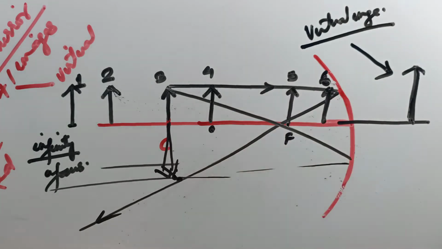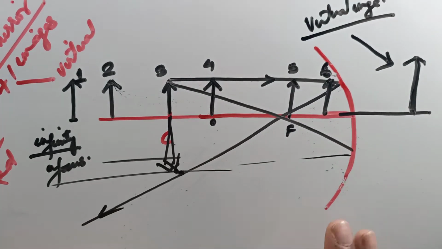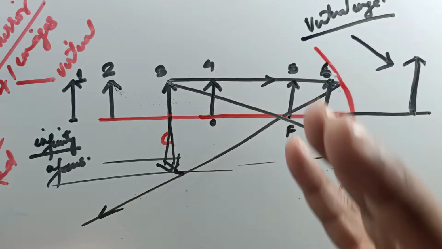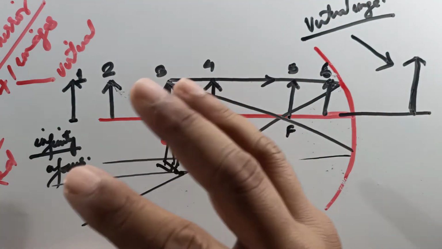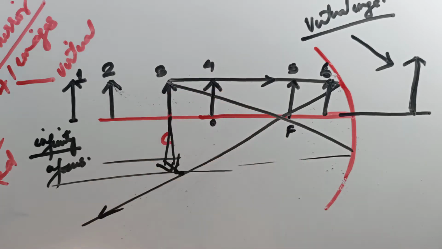I'm just roughly taking you through what we had done in the previous class. So with this in mind, we move on to the next topic, and the next topic is image formed by a convex mirror.